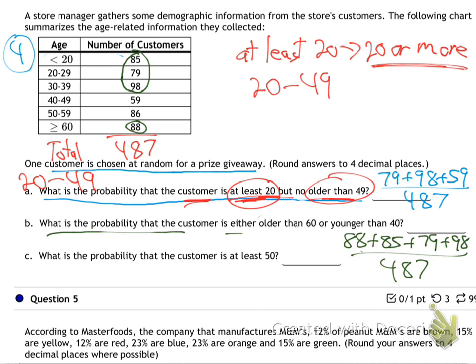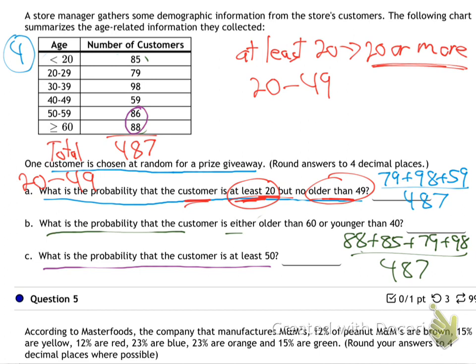All right, let's do D. Let's see. What is the probability that a customer is at least 50? At least 50? So it'd be those two categories, huh?